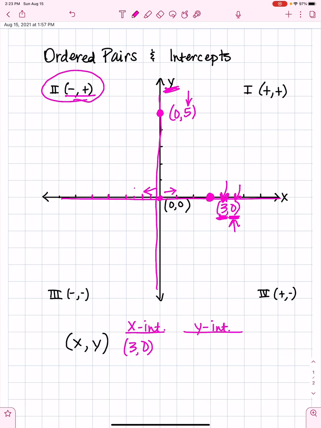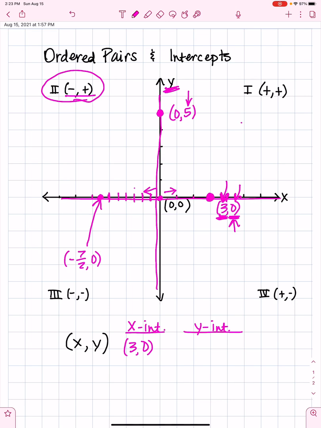Can they just be integers? No. I could have an x-intercept at -7/2, 0. Okay, what would that look like? Well, 1/2, 2/2, 3/2, 4/2, 5/2, 6, and 7. Right there, that's where that would be. Okay, same thing with the y-intercept.